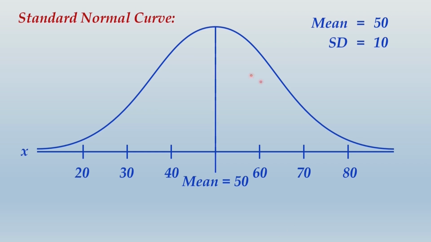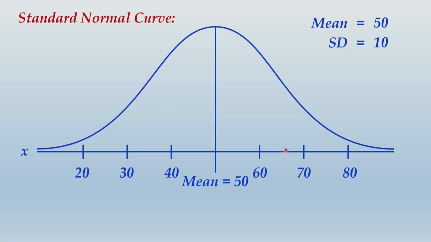Now, when I have drawn this normal curve along with x values, with the mean and other values of marks which are away from the mean, this represents not the standard normal distribution, this is the normal distribution.